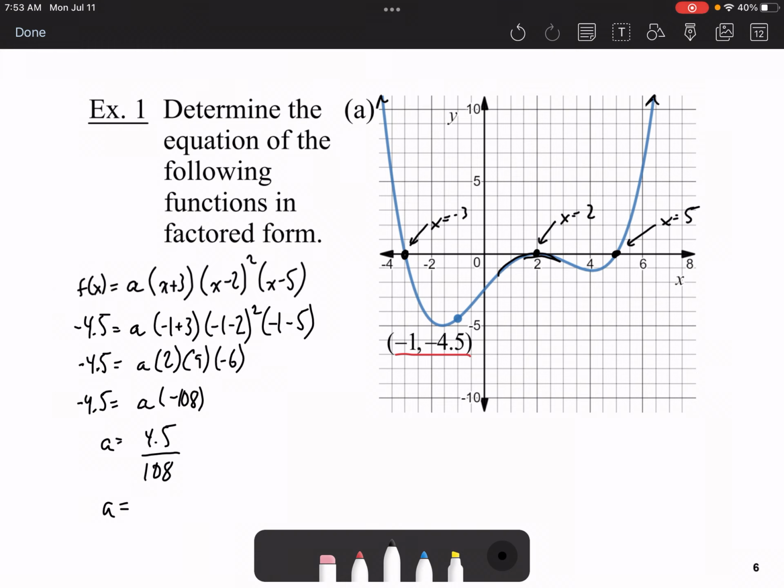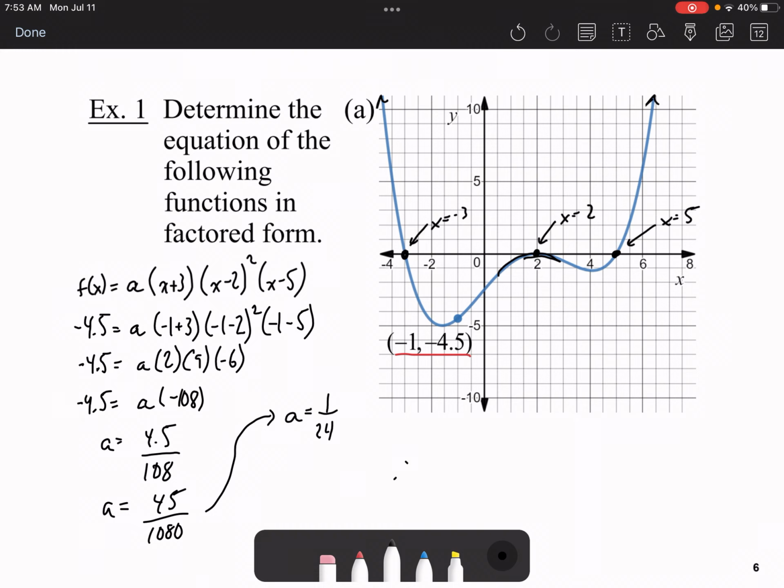Not a good way to write a fraction, so I'm going to write it as 45 over 1080 first. And then I'm going to try to reduce this fraction. Using my calculator, I notice a is equal to 1 over 24.